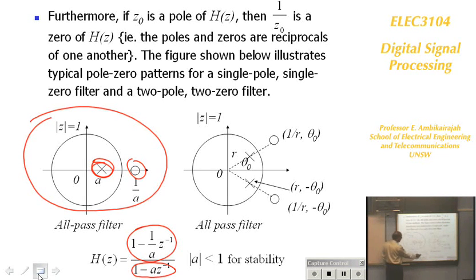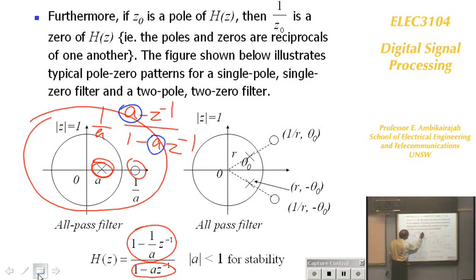Now if you simplify the transfer function, what you have is A minus z to the minus 1 divided by 1 minus A z to the minus 1, with a constant 1 over A. A is less than 1. That means the coefficient 1 and that 1 are the same, not the signs, just the coefficients.